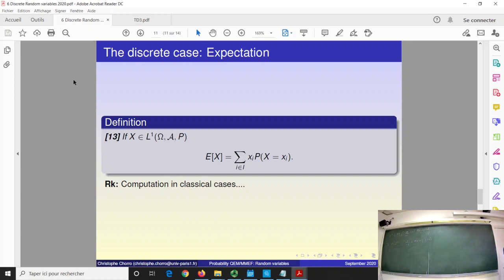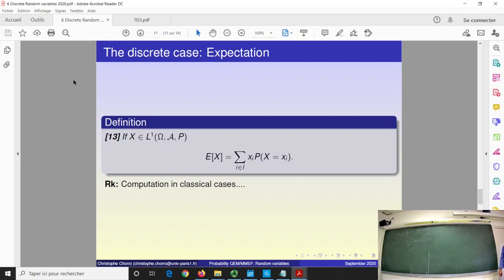If I ask you to summarize the information contained in one random variable with a single number, the best possible number is the expectation. You can't do better if you restrict yourself to a single number. We are going to see the consequence of a little result in the exercises.